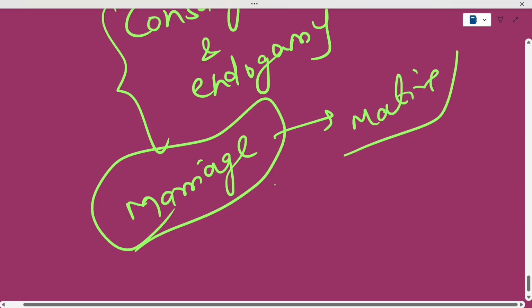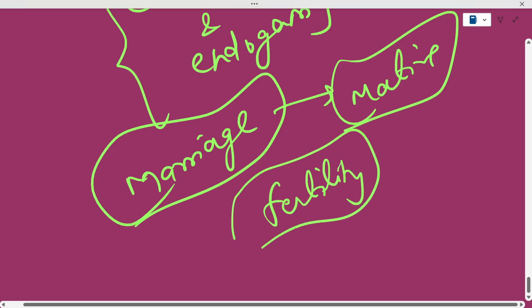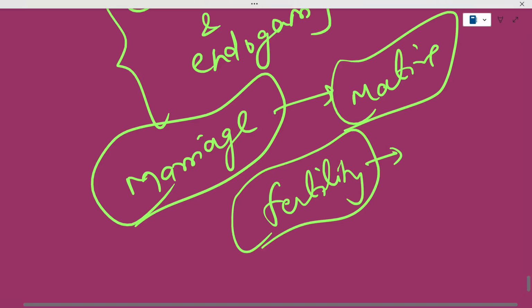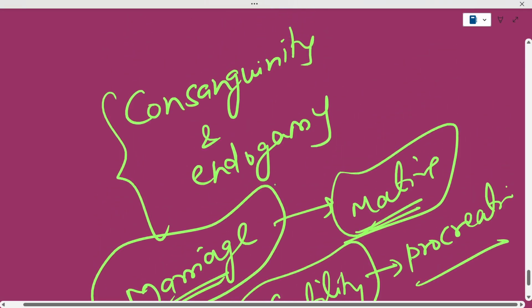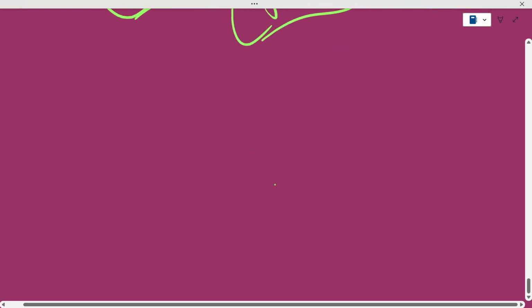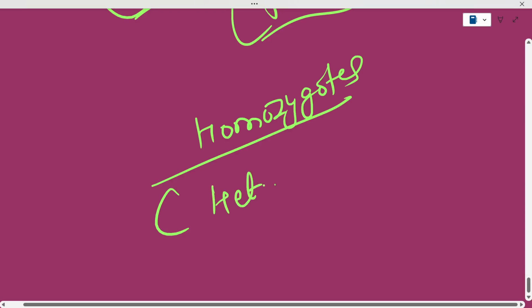There is only a difference of fertility and other factors, such as some people do not want to have children, there may be some fertility related issue, or maybe an issue with procreation. If other factors are not taken into account, then marriage can be equated with mating. So consanguinity and endogamy both result in homozygotes. Whereas nature, as I have said, prefers heterosis.